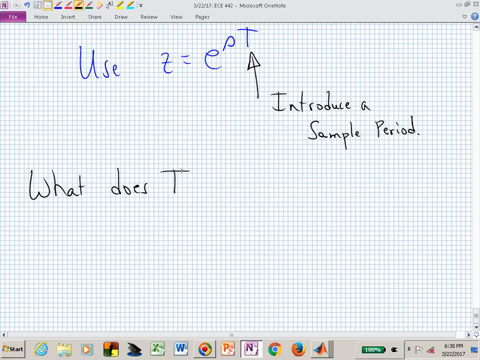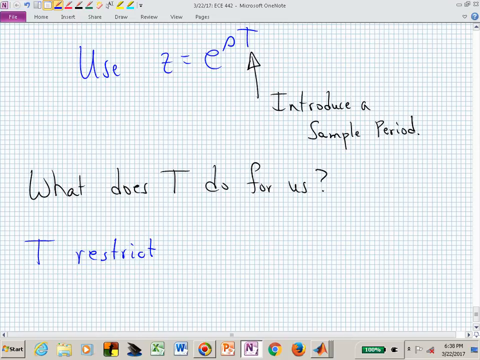What we want to understand is, what does this T actually do for us? What does T do for us? And in fact, what I want you to go home with today is that T, the sampling period, once you've picked that, now restricts what kinds of frequencies you can actually see or resolve.